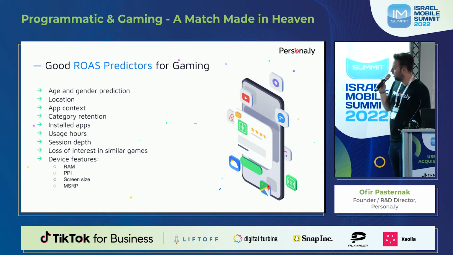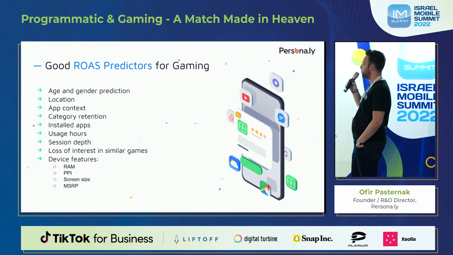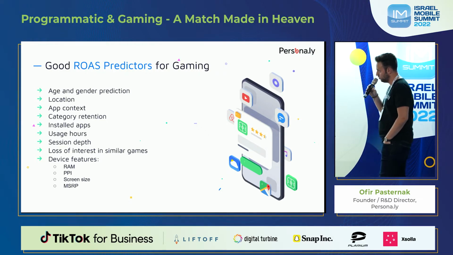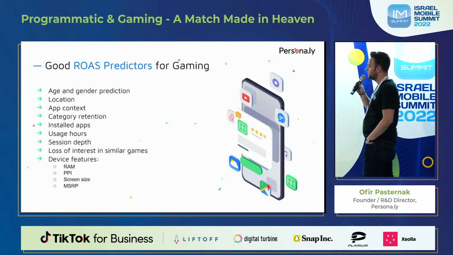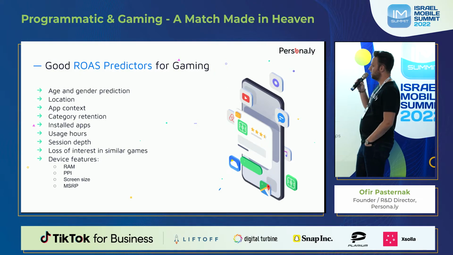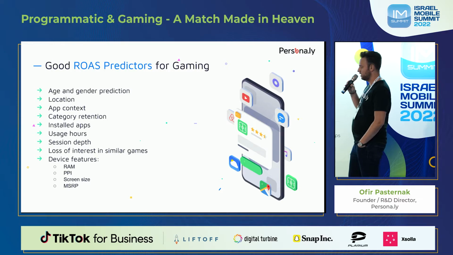Okay, so those are more like inside information for you guys. Those features are actually being fed to the models, and for us at least, they're very good ROAS predictors for gaming. So I think the best thing is the age and gender prediction.